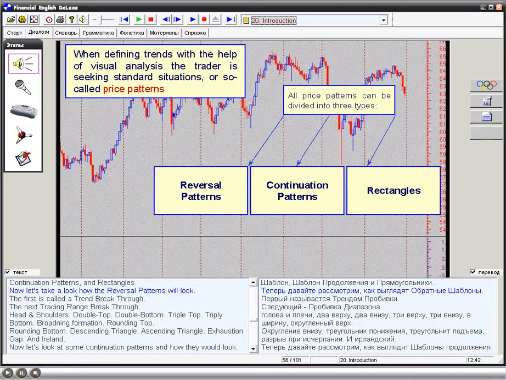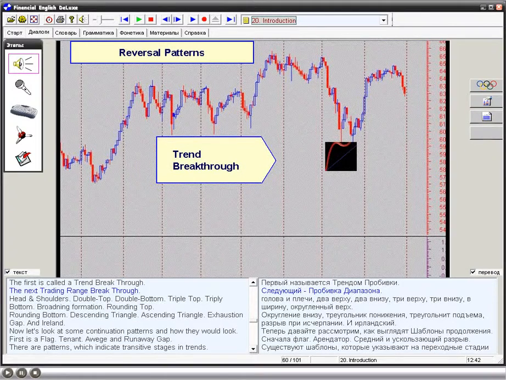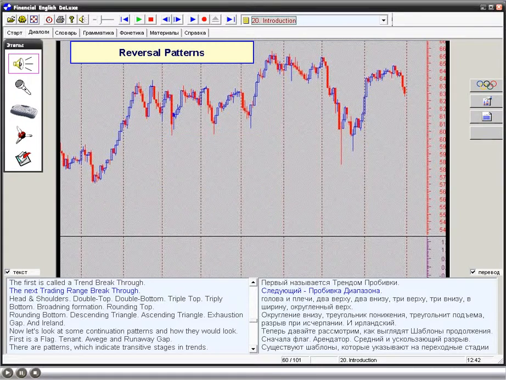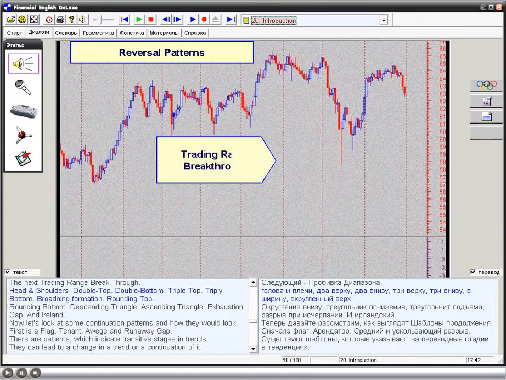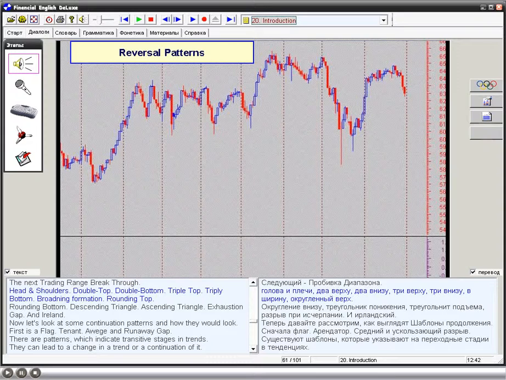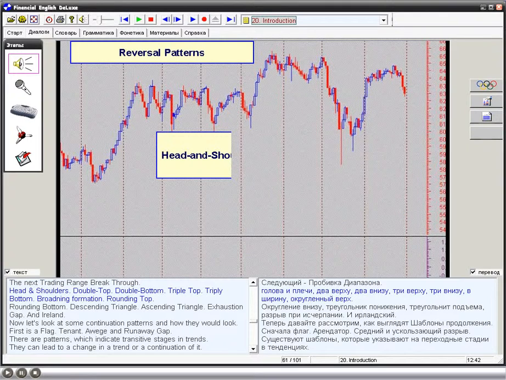Now let's take a look at how some reversal patterns will look. The first is called a trend breakthrough. The next, trading range breakthrough. Head and shoulders. Double top.